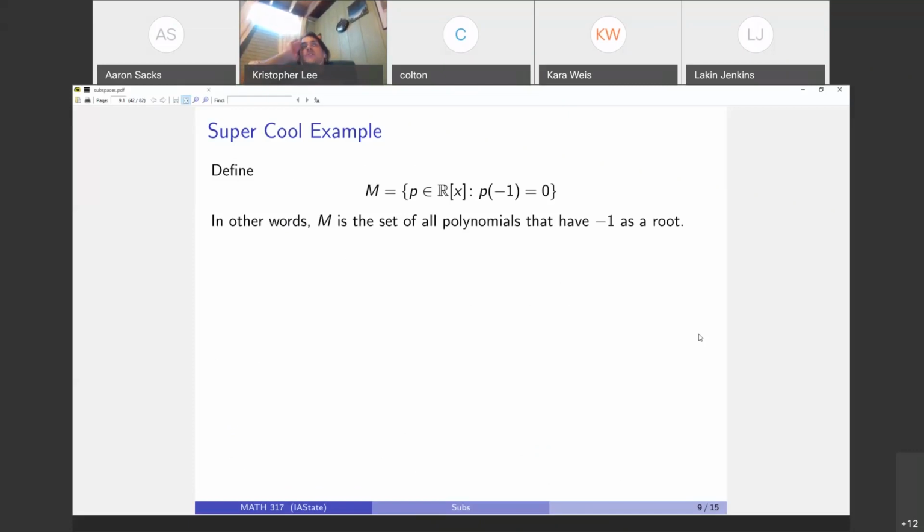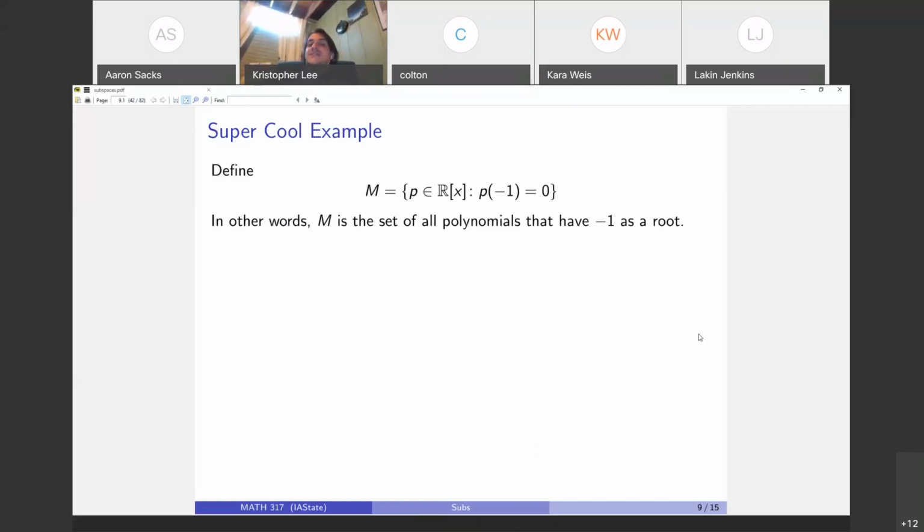Visually, imagine all of the possible polynomials, and the only requirement is that they go through the point (-1, 0) in the R2 plane. All polynomials that you can think of that you can draw, and the only requirement is they go through the x-axis at the point -1.